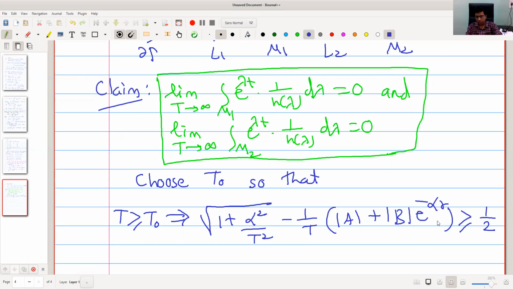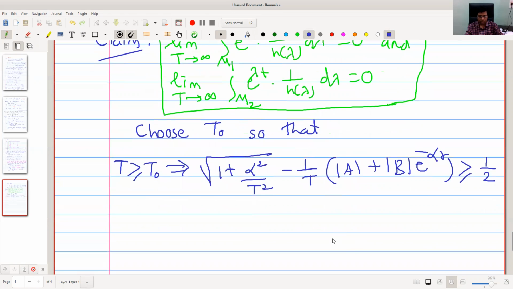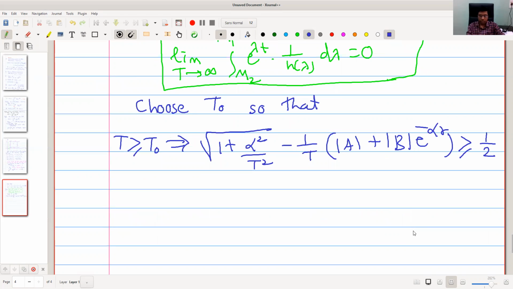So we are going to select capital T0 such that capital T greater than or equal to T0 implies this holds. We can always find such a capital T, so we can adjust the value of capital T accordingly. So we call this 3.